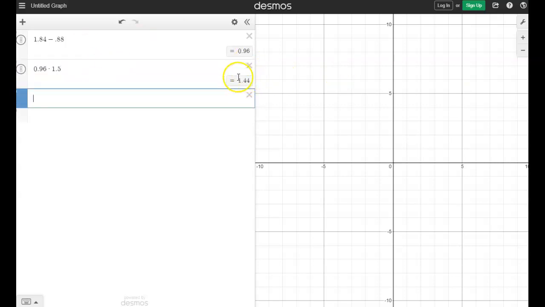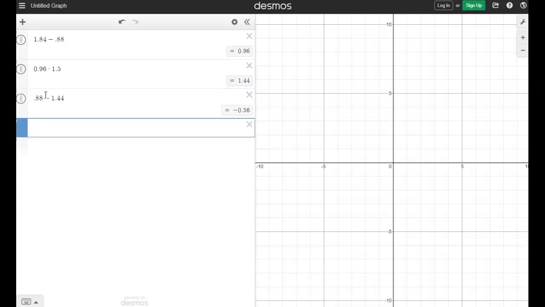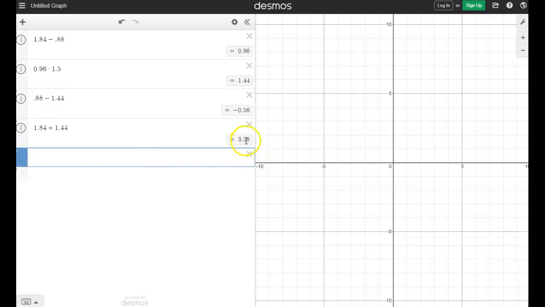Now this special value, 1.44, is subtracted from Q1. That's your lower fence. And it is added to Q3. And that's your upper fence. So I'm going to take those values and place them into my MyMathLab.